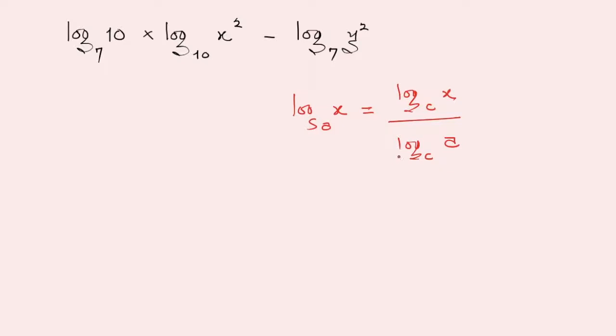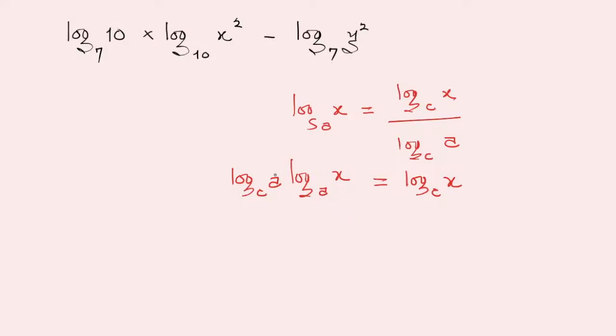We can rewrite this expression if we multiply both sides by log to the base c of a. We can rewrite this as saying log to the base c of a, which is this, multiplied by log to the base a of x equals log to the base c of x.